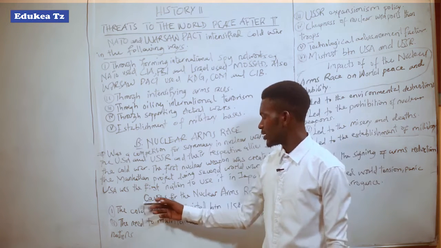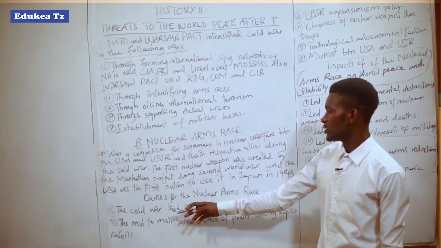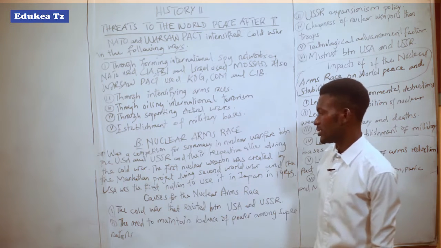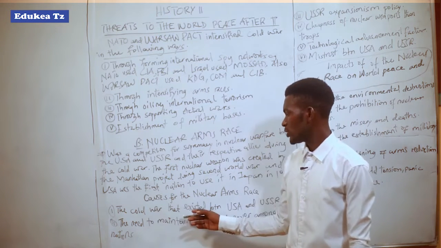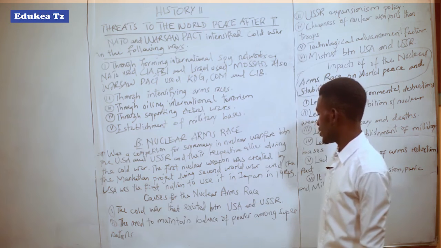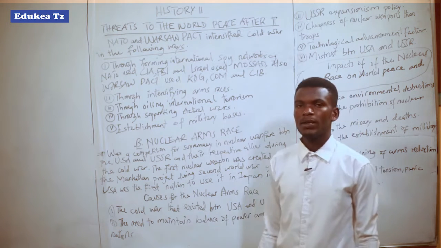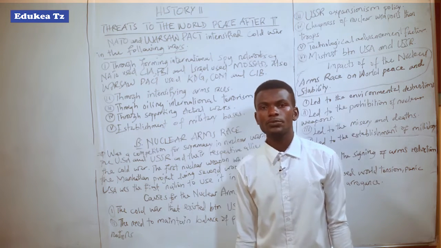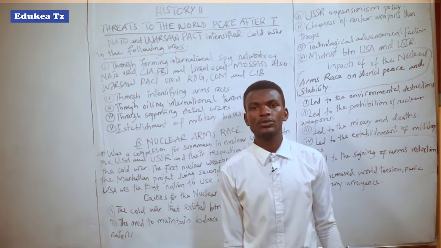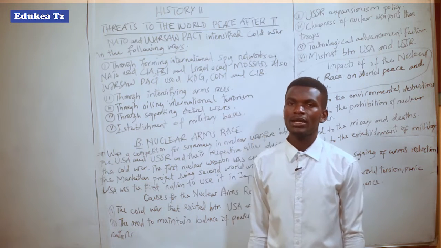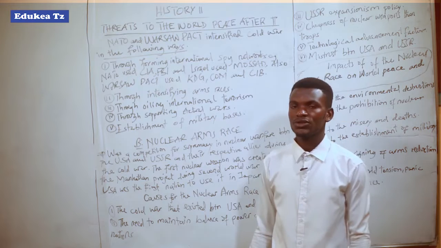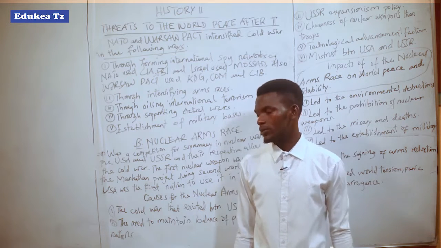Let us see the causes of the nuclear arms race. The first one was the Cold War that existed between the USA and the USSR. It means that the Cold War intensified the production of nuclear weapons.